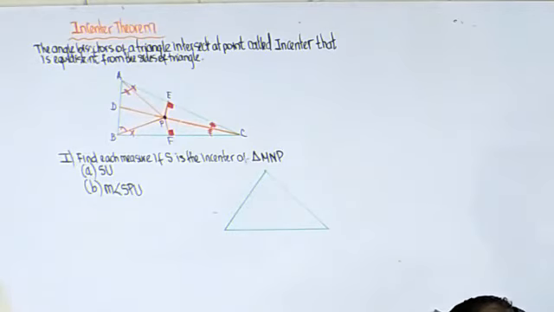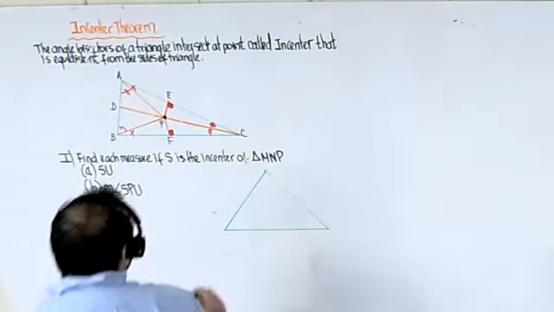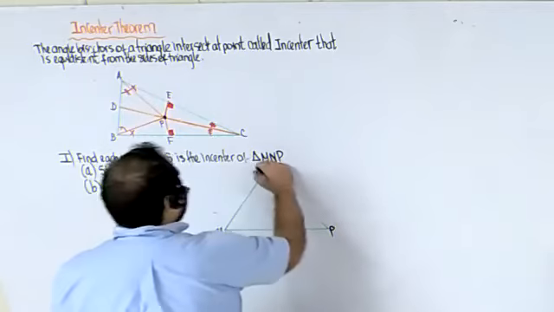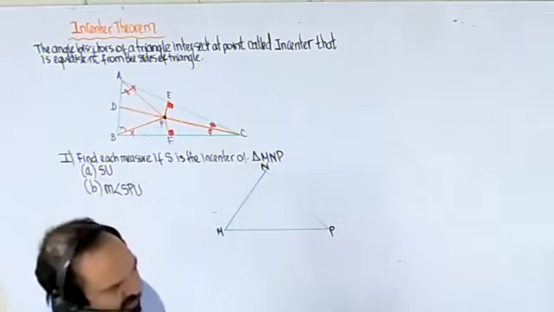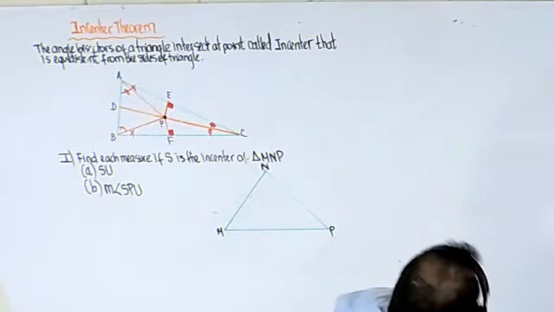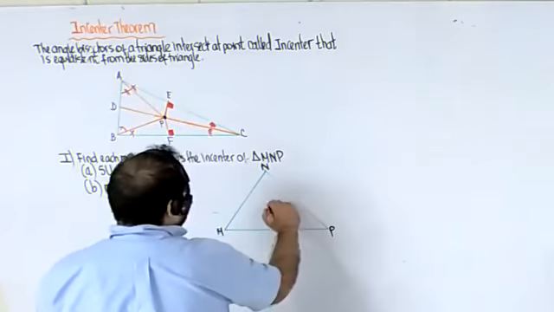This is going to be the triangle MPN. Okay, and in this case, the circle center will be located over here.